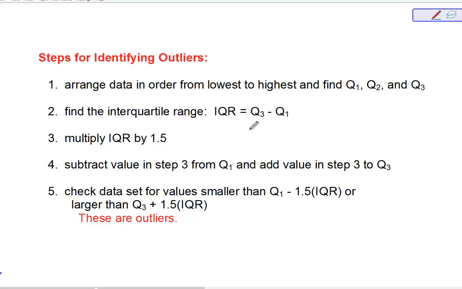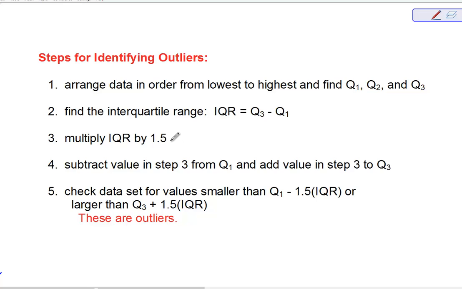We subtract to make sure we get a single number. Then we multiply that IQR by 1.5. This gives us a buffer zone, enough room on both sides to make sure that we don't miss anything, and so that we know that we are identifying outliers.